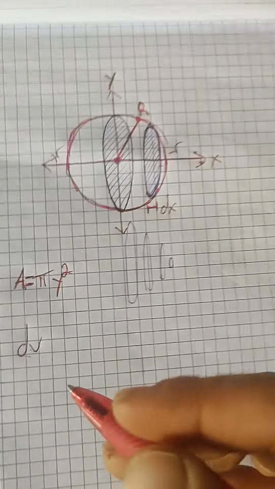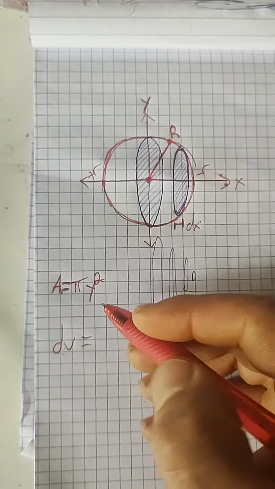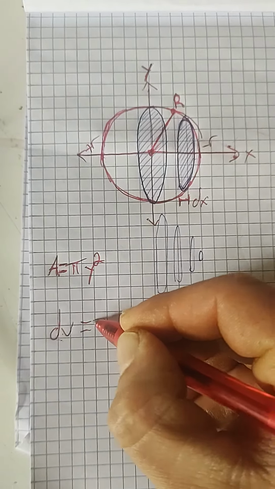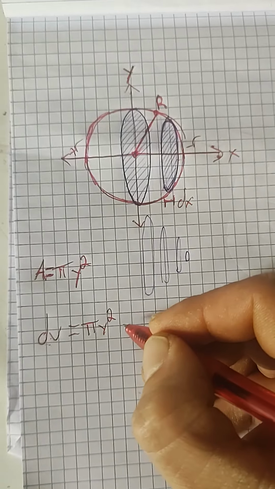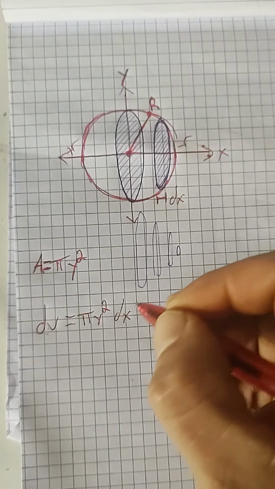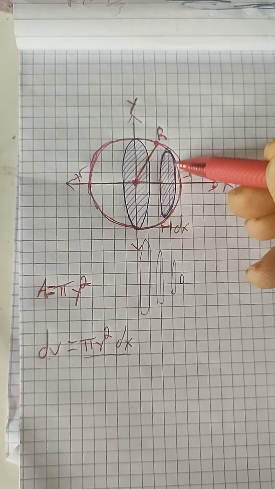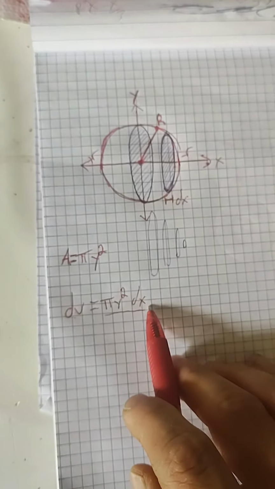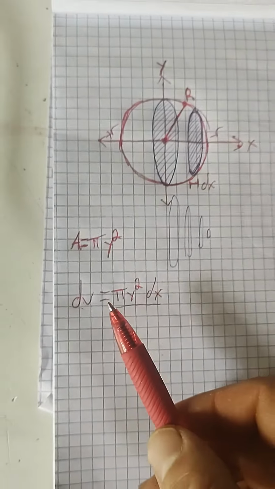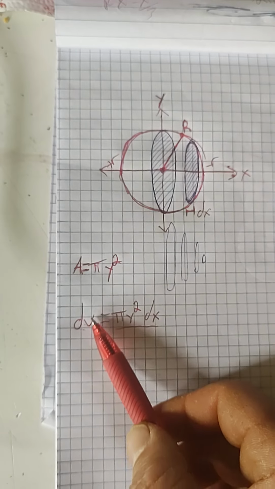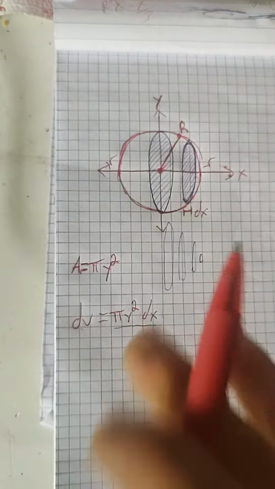So we take the area, which is pi times y squared, and multiply that by dx. This gives the volume of an infinitely thin disk. This being the infinitely thin part, this being the disk part. That's giving us an infinitely small volume.